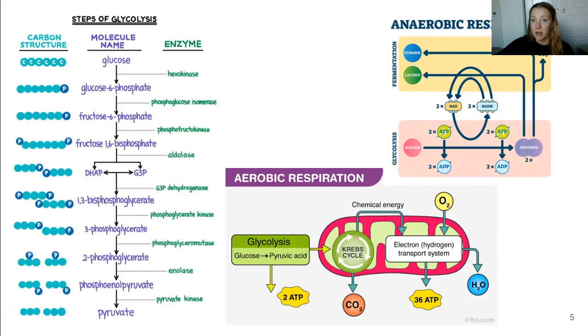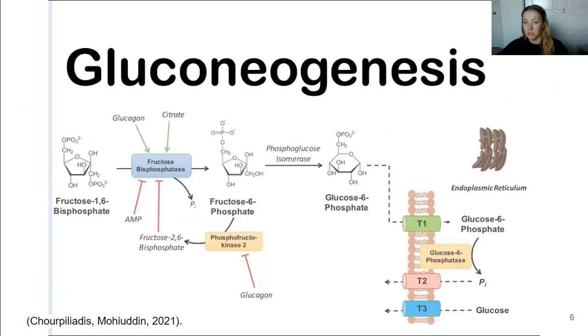Anaerobic respiration goes into fermentation, and then it produces ethanol and lactate.